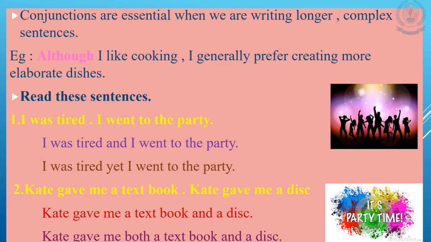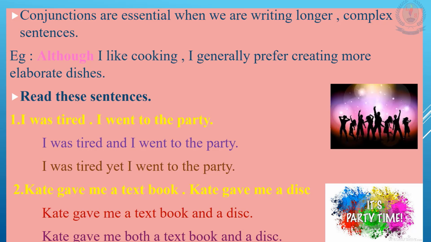Right. Now look at the two sentences I have given down. I was tired, I went to the party. These two sentences are joined by two different conjunctions. I was tired and I went to the party. I was tired yet I went to the party. The conjunction used in the first sentence is and. In the second one, I have used the conjunction yet.